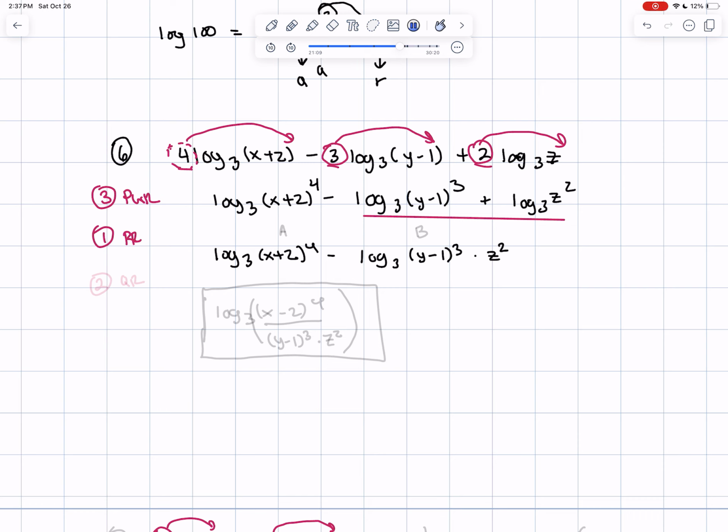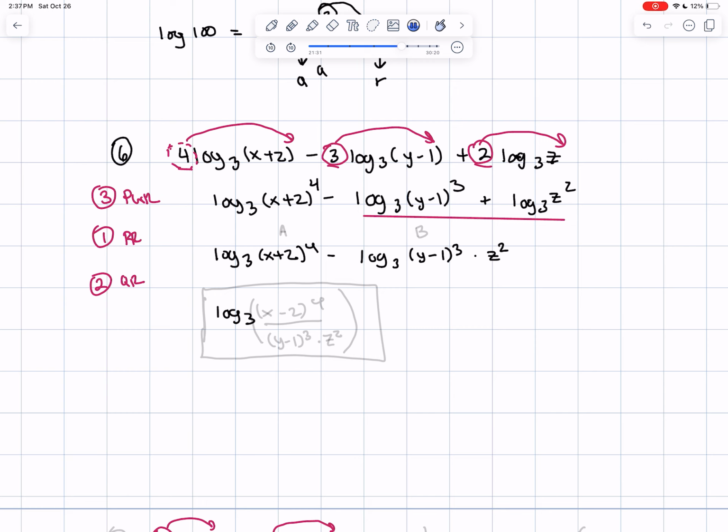Now we can do the last step, which is the quotient rule. So that means we're going to have all under the same thing, log base 3. Now, what's my A and what's my B?